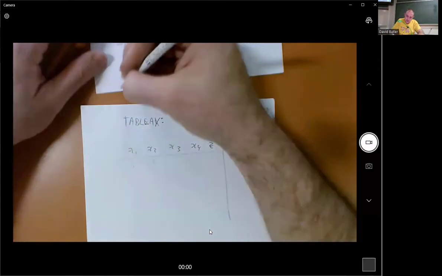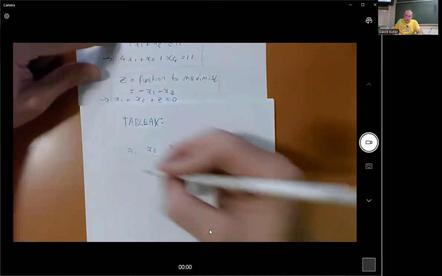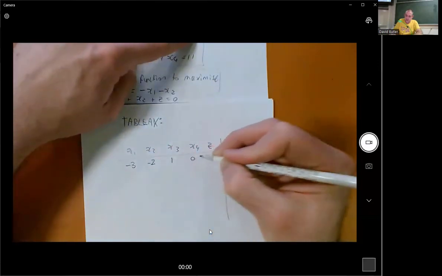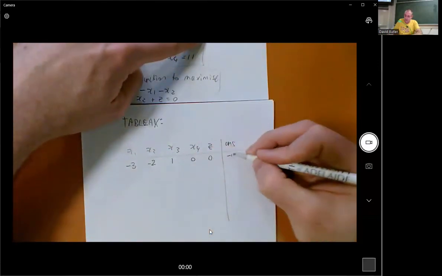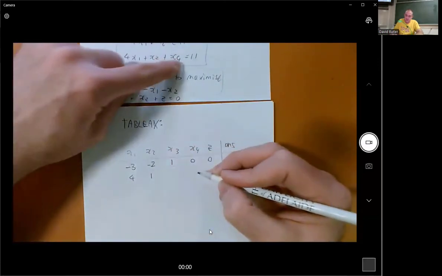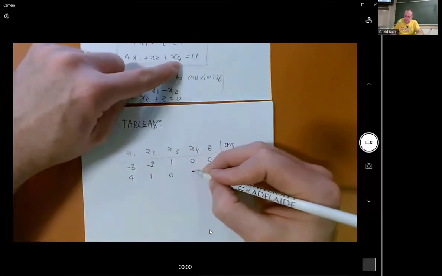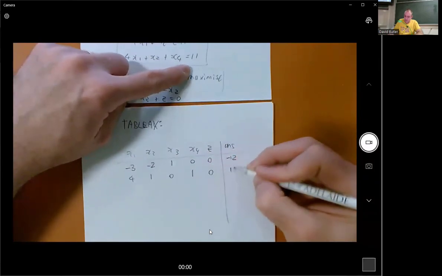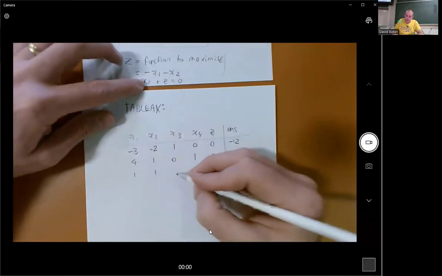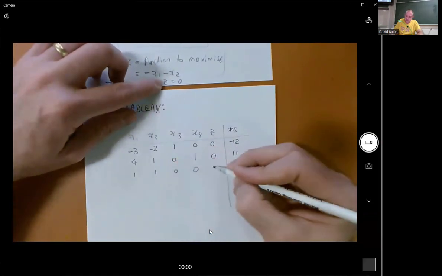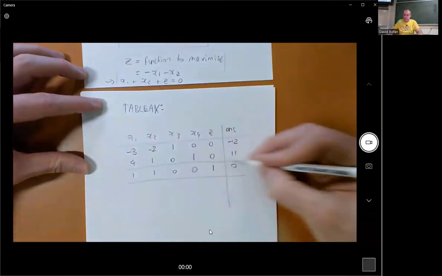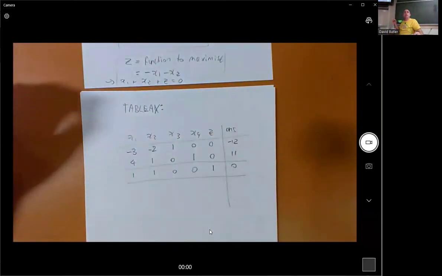So I've got -3 of these, -2 of those, and 1 of these, and no x4s, and no z's is -12. And this one is 4 x1s and 1 x2, and no x3s, and 1 x4, and no z's is 11. And we've got 1 x1, 1 x2, and no x3s and no x4s, and 1 z is 0.